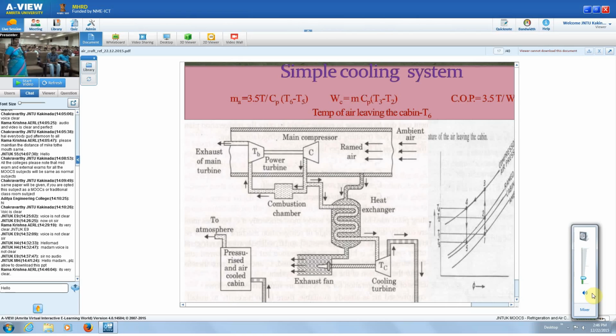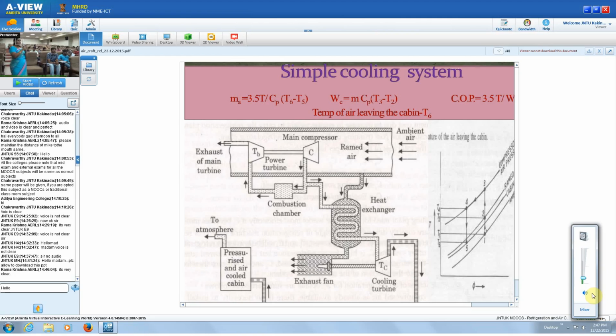So you can see the TS diagram. 1 to 2 is compression due to ramming, 2 to 3 is compression in the main compressor, and 3 to 4 is heat rejection in the heat exchanger. 4 to 5 is isentropic expansion in the cooling turbine. 5 is the state of the refrigerant, at low temperature and pressure, which goes into the cabin to be refrigerated or cooled.